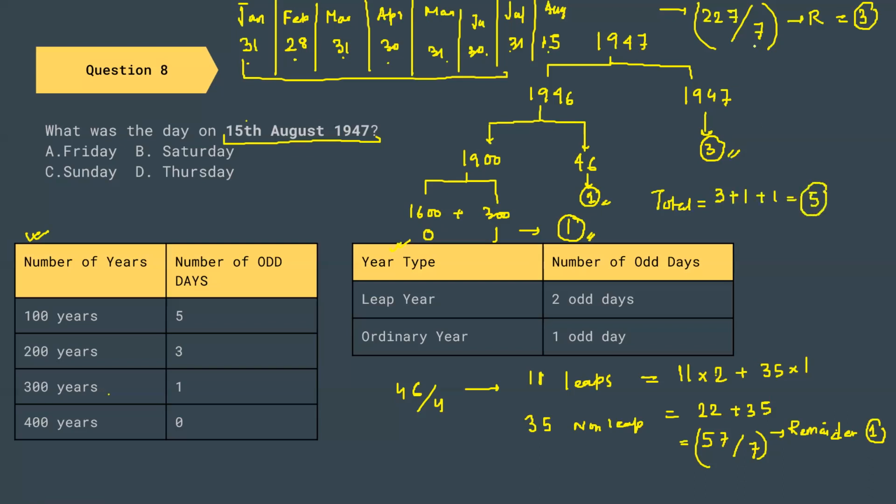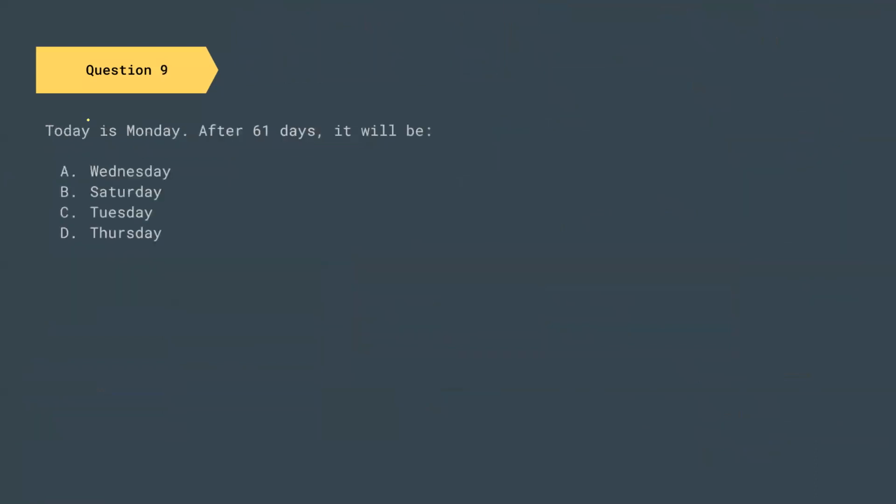And what does this 5 signify? 0 means Sunday, 1 means Monday, 2 means Tuesday, 3 means Wednesday, 4 means Thursday, 5 means Friday, 6 means Saturday, and 7 means Sunday. We have got 5 here, so the result will be Friday. So 15th August 1947 was a Friday.